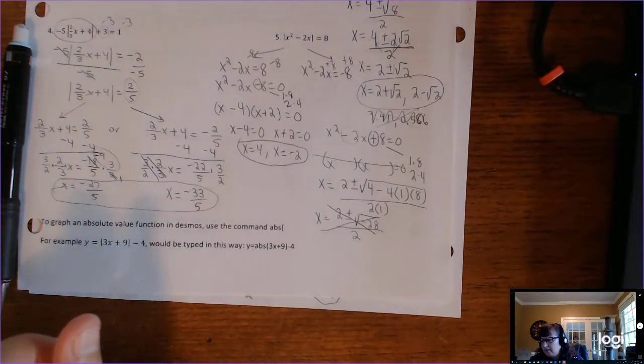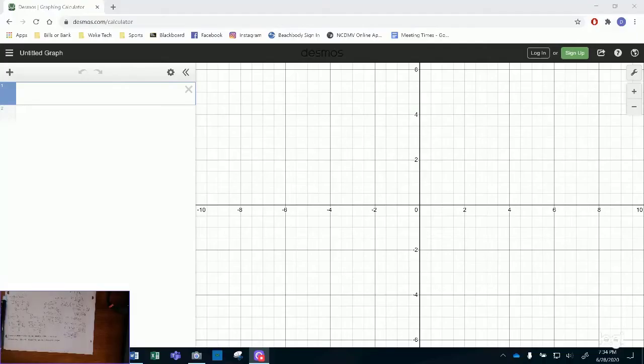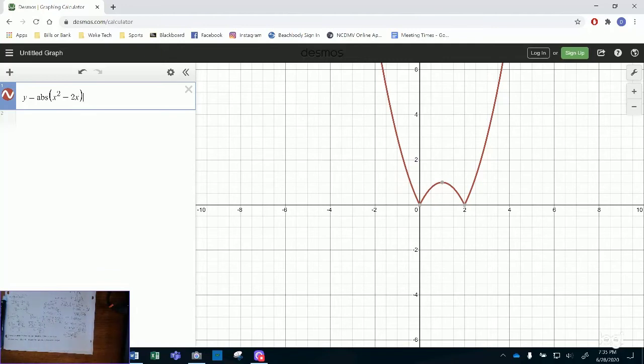So let's look at Desmos. Okay, so let's see. Here we go. So y equals, on the left side, ABS x squared, hit the right arrow key, minus 2x, close the parentheses.